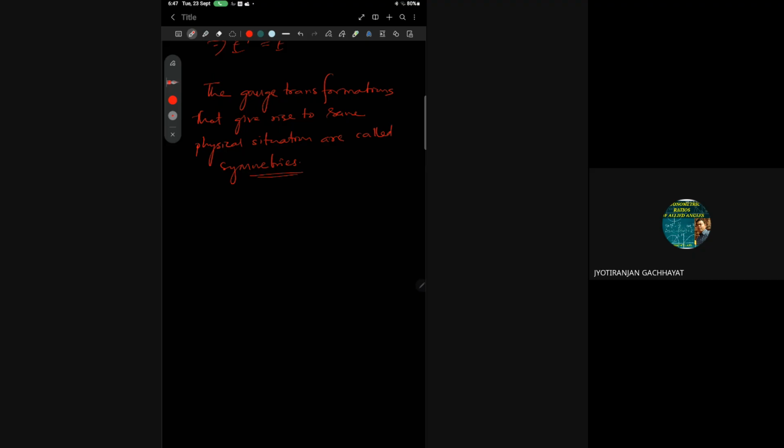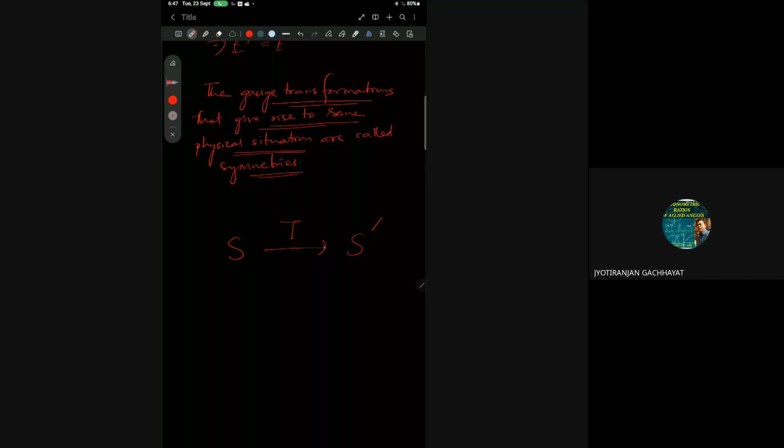So in this case, we are actually talking about gauge transformation, but the transformation that gives rise to the same physical situation. That means, suppose we have a system S and we do some transformation and we get the system S prime.